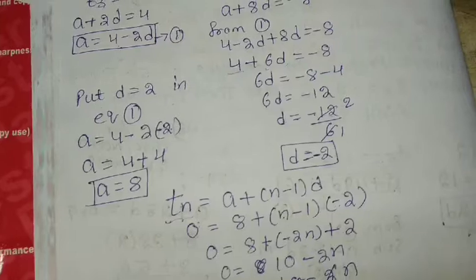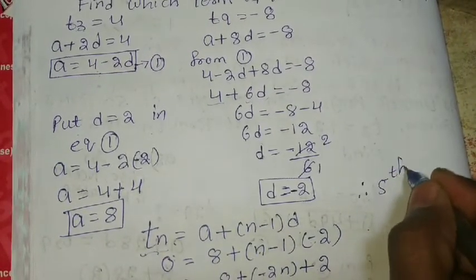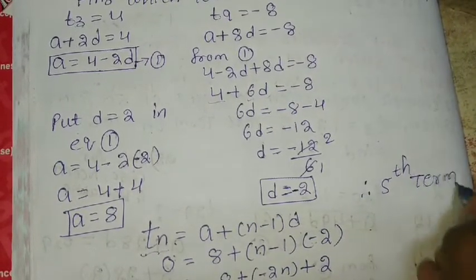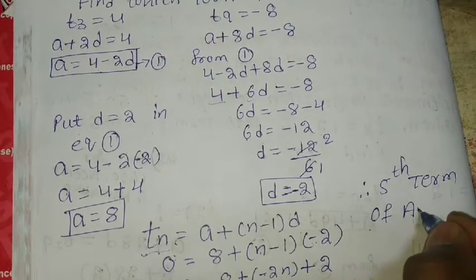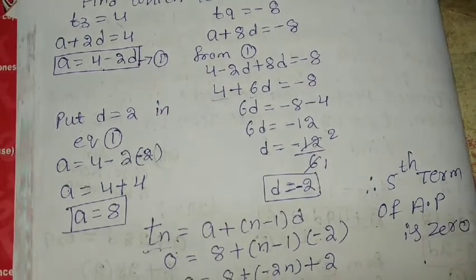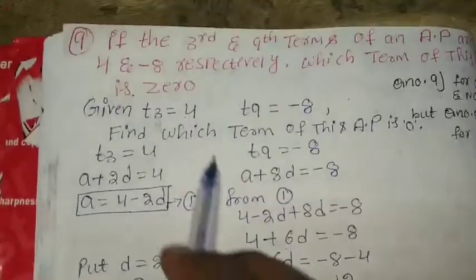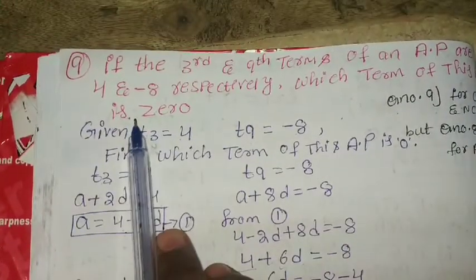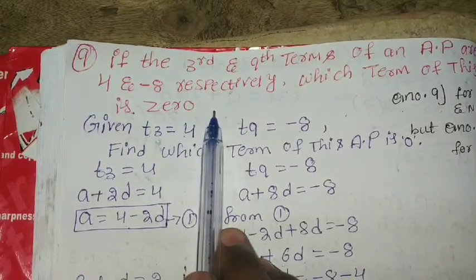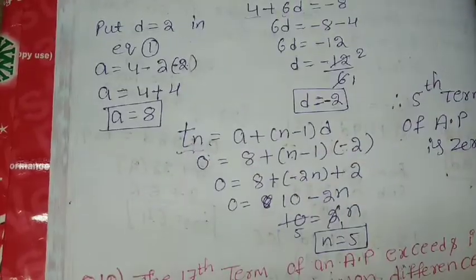Okay. What can you write here in the conclusion? Therefore, the fifth term of the arithmetic progression is 0. See, if they ask which term of this arithmetic progression is 2 or 5 or 6, if they ask like that, then just do what they ask here.